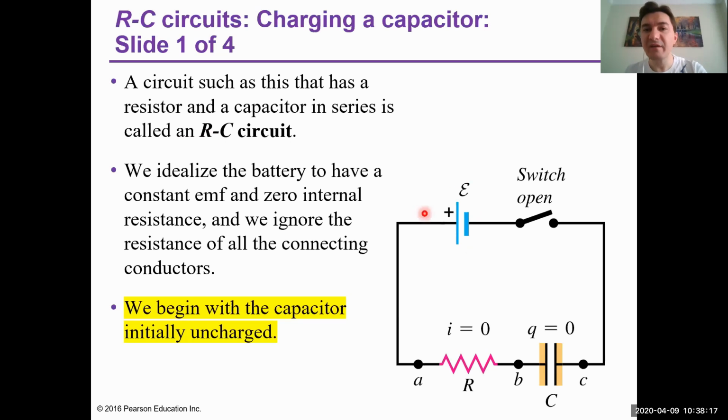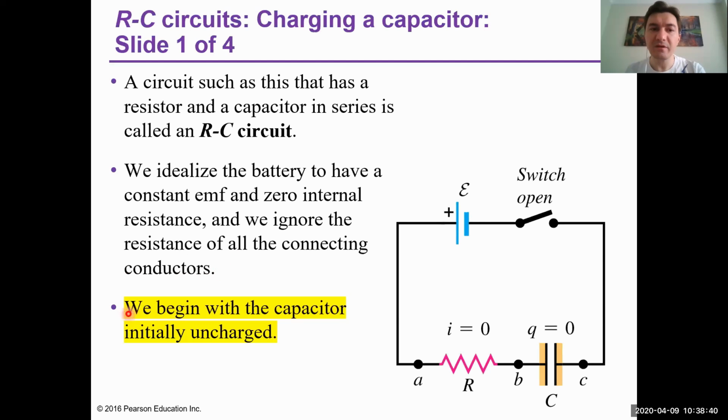Here we have a battery. Let's consider that this is an ideal battery. It has constant EMF and zero internal resistance. We can also consider that the resistance of the wires is zero. We ignore the resistance of all the connecting conductors.